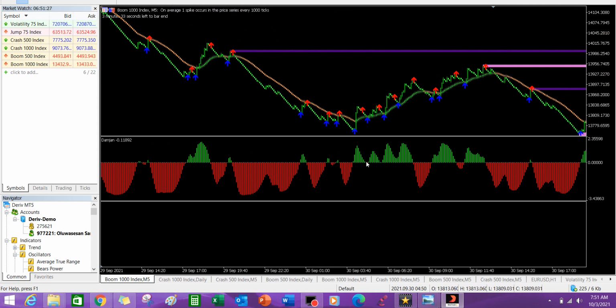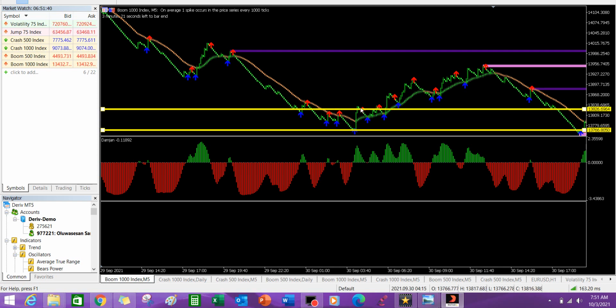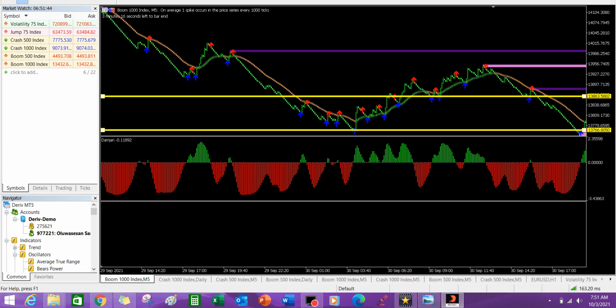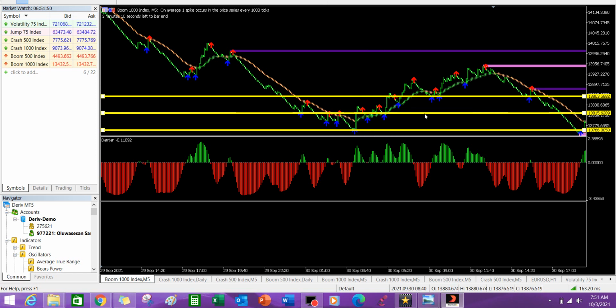Okay, guys, this is very good. Yeah, on the support region we add our entry point. So this is our entry point, and this is the current action price. It's going up and down, then went up to this level. Then you can introduce the stop loss to the middle. This is the middle.